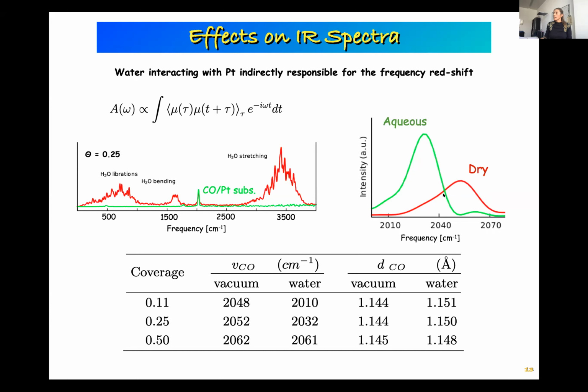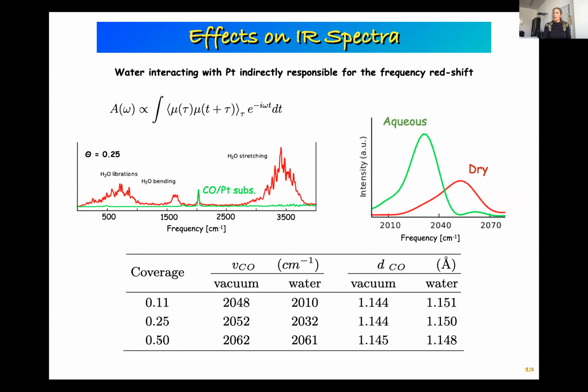And there is clearly, we observe both the red shift and the intensity increase. The shift happens for the lower coverages, and we don't see it anymore for the high coverage, where actually the water is not co-adsorbed at the surface anymore.